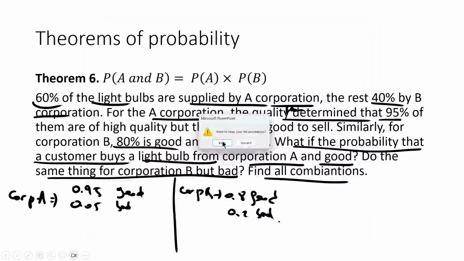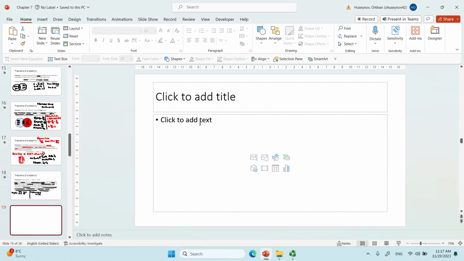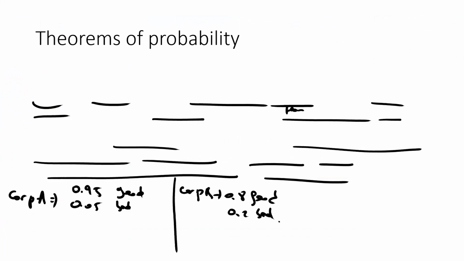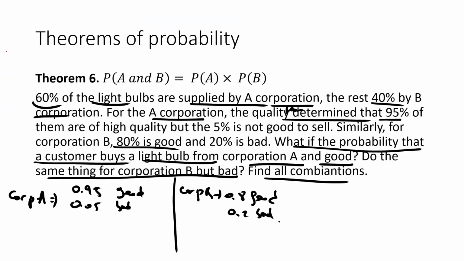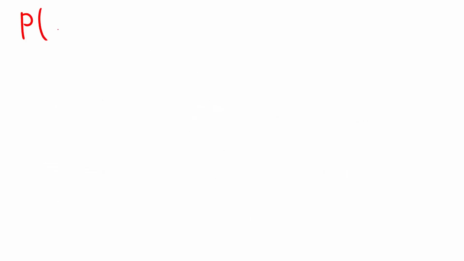Let me add a slide to solve this one. Okay, now let's solve it. So we want to know the probability that it is from corporation A and also good.